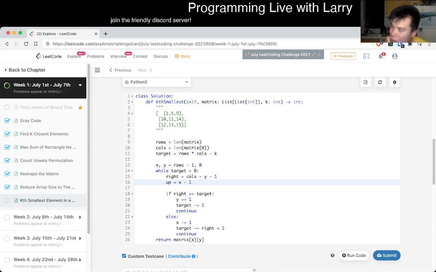So maybe I'm thinking from the wrong corner. Let's see, if I'm thinking from 15, what happens, right? Well, if we go up, we still eliminate all these. And the tricky thing is that if this is 13, it doesn't really matter either way. But all right, let's play around with this.